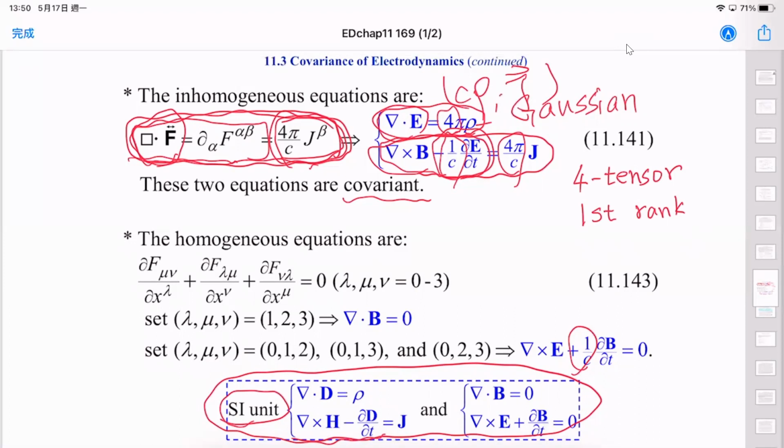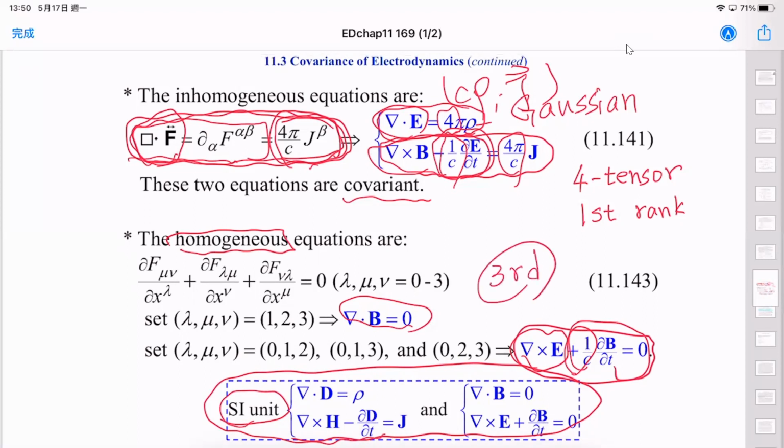The inhomogeneous equation. What is the homogeneous equation? Divergence B equals 0 and curl of E plus 1 over C partial B partial T equals 0. That's the homogeneous equation, homogeneous without source, source free. And here we will use a 4 tensor of the third rank.